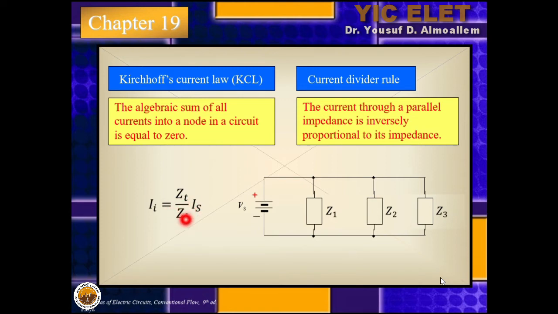In the case of the voltage divider rule, the Z will be on the top. In the case of the current divider rule, the Z will be at the bottom. And again, this is complex numbers.